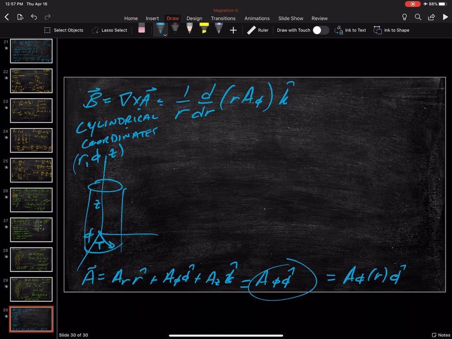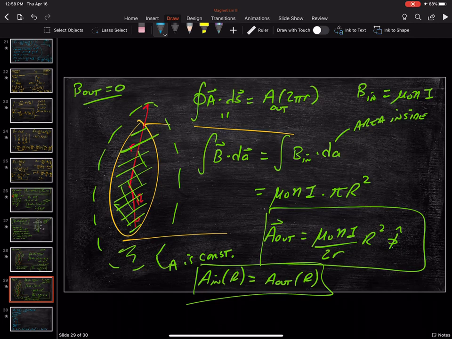Where I'm calling this direction k hat. This is the z direction now. Okay? So B here, if you want to take B in, this will be a k hat. Okay, just to be consistent with everything.